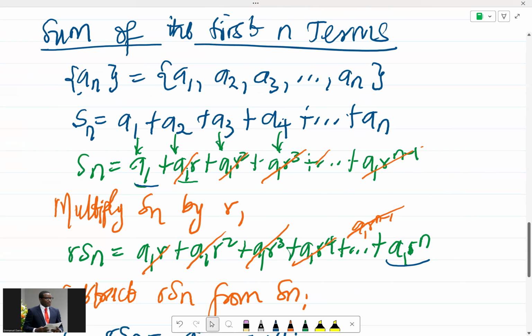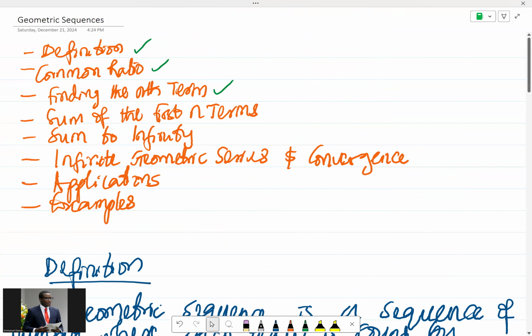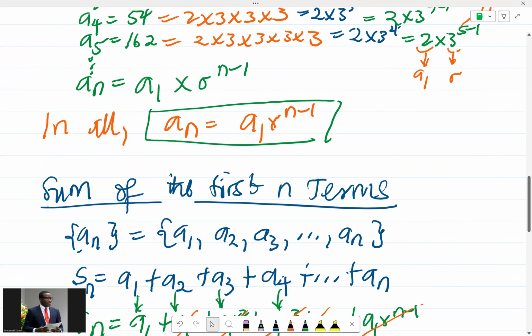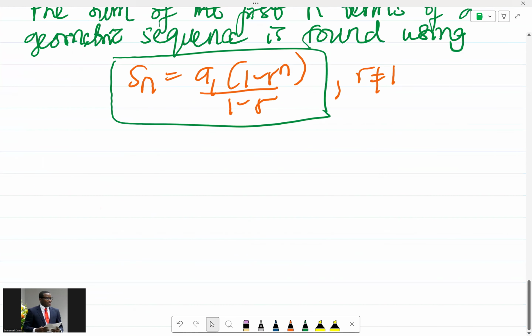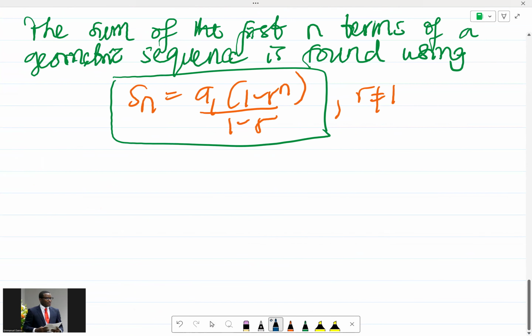I like to do everything before I take an example so that the example can be all encompassing. So we have done that. The next thing I like to talk about is the sum to infinity, for a geometric series.